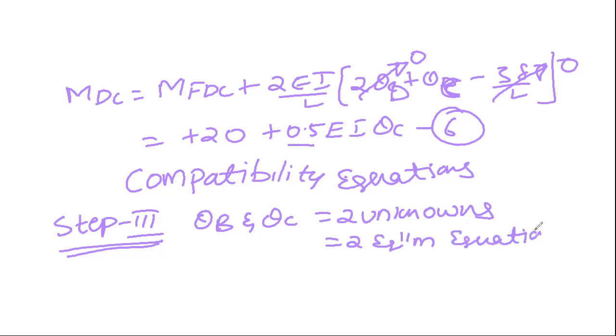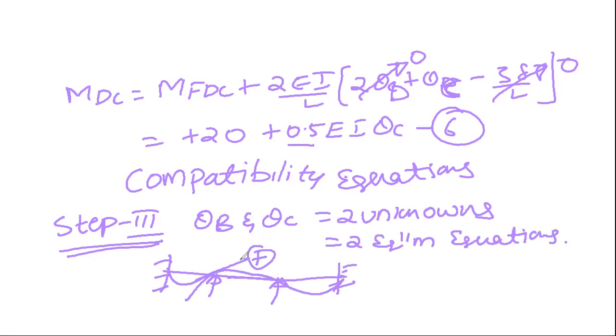Okay, so what are those equilibrium equations? If you take this span and draw a deflection curve like this, one of the slopes is positive slope and another one is negative slope.